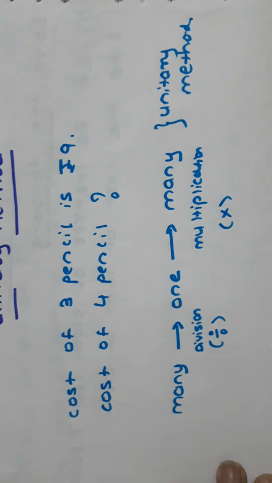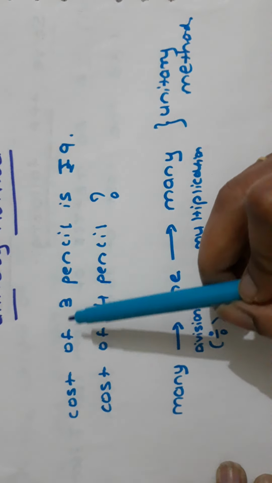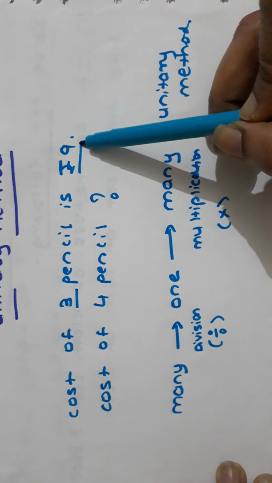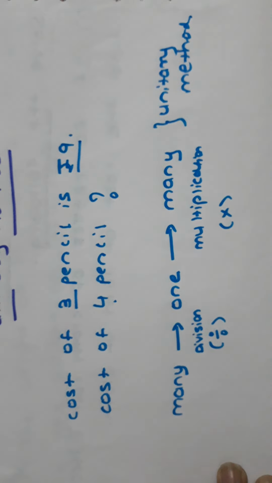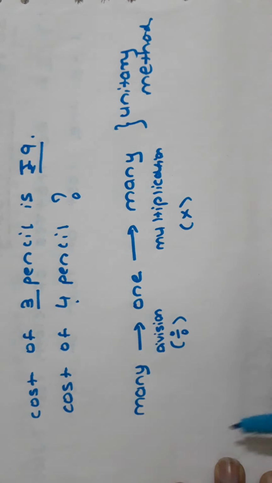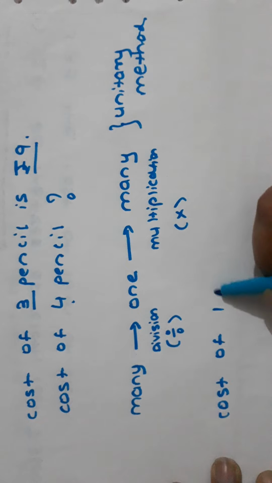So for the unitary method, we use only two operations, division and multiplication. Here also we know the cost of 3 pencils, rupees 9. To find the cost of 4 pencils, we will first find the cost of 1 pencil, and that is done by division.